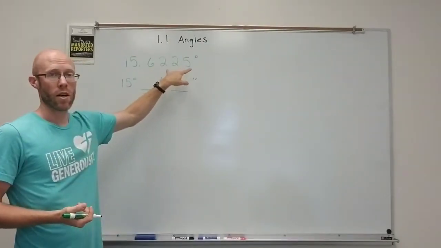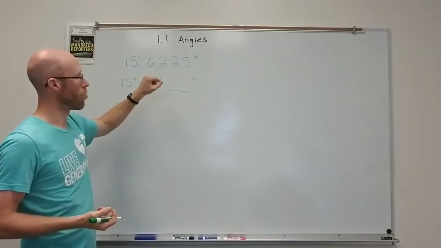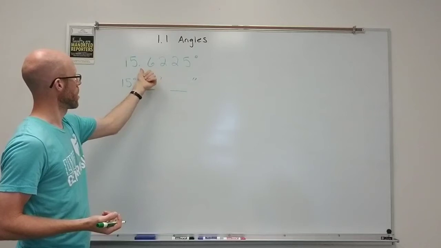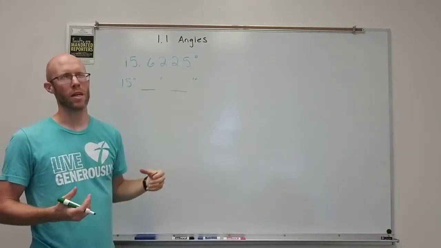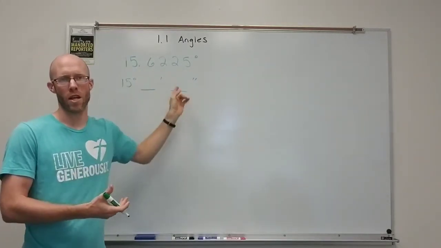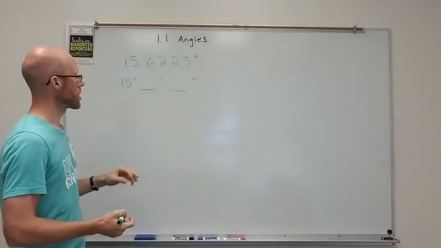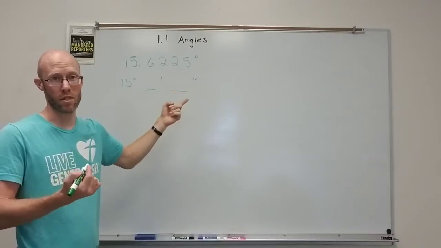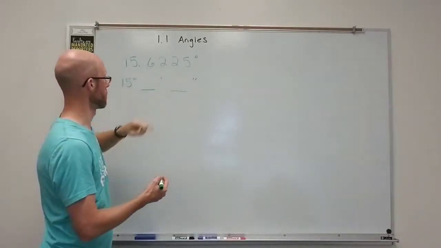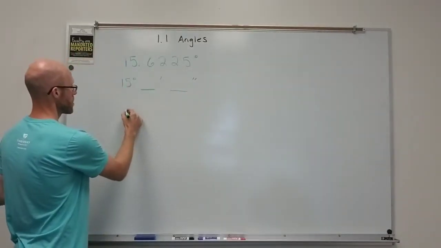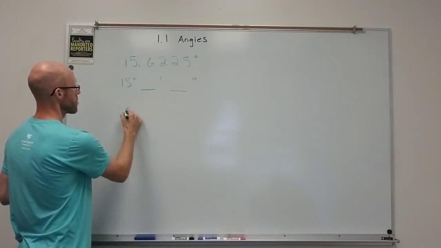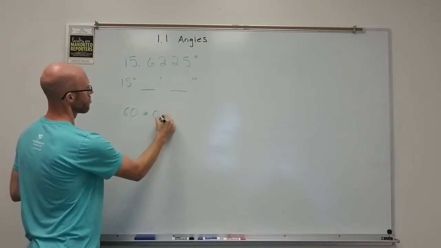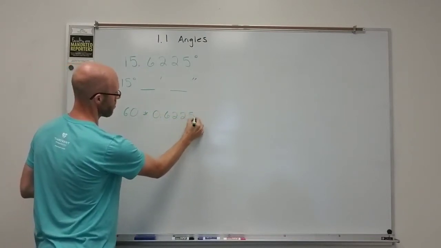To figure that out, I want to know what portion of a degree is 0.6225, or how many minutes are represented by that decimal. So we're going to take the total number of minutes in a degree, which is 60, and multiply it by that decimal. So to get the minutes, we take 60 minutes multiplied by 0.6225.